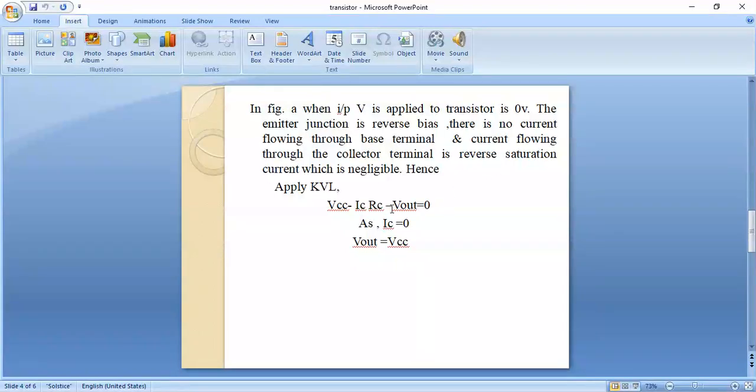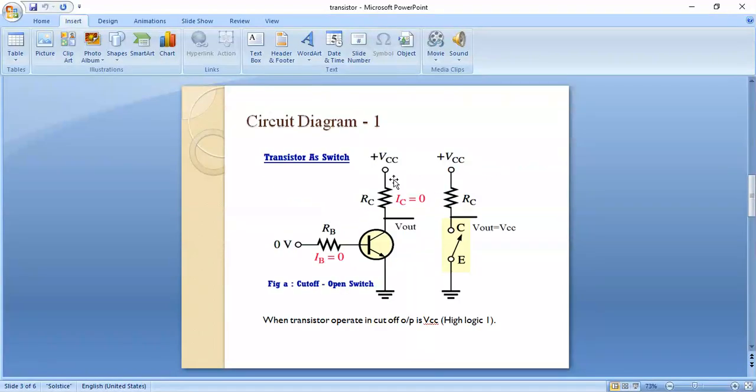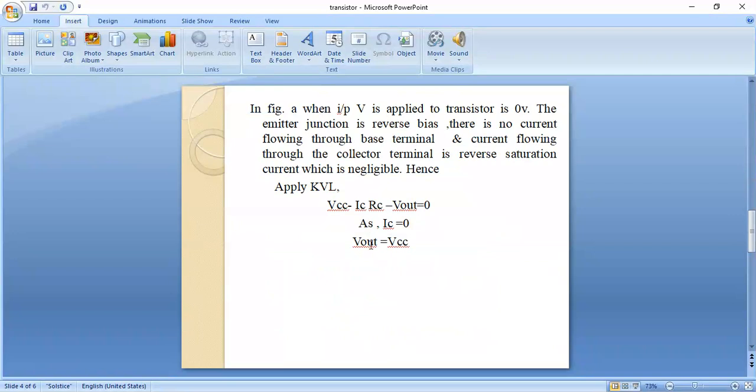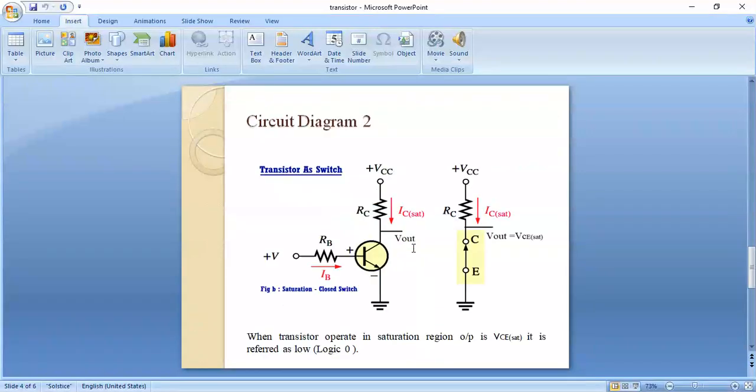When you apply Kirchhoff's voltage law at the collector terminal, VCC minus IC RC minus VOut, as IC is equal to 0, you get the output VCC. This is the first condition of the transistor as a switch, the cutoff condition.